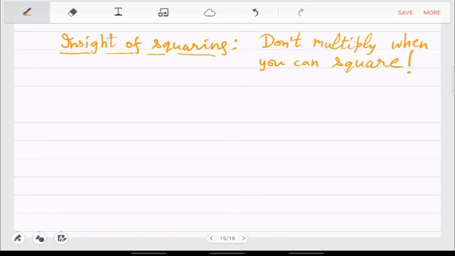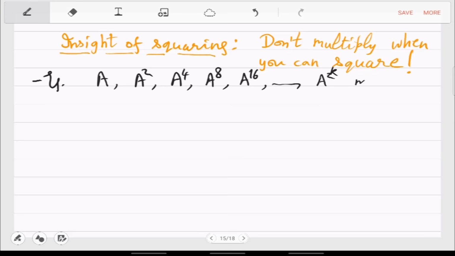So what you do is you calculate these powers: A squared, A to the 4, A to the 8, A to the 16, and A to the 2 to the k, everything mod m.